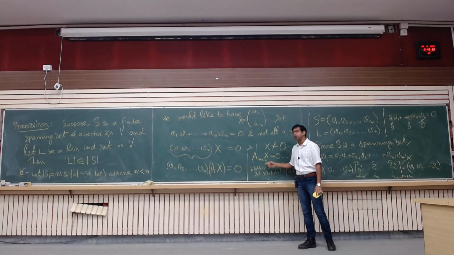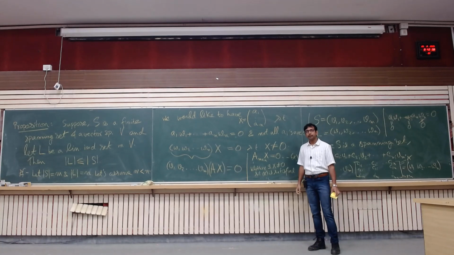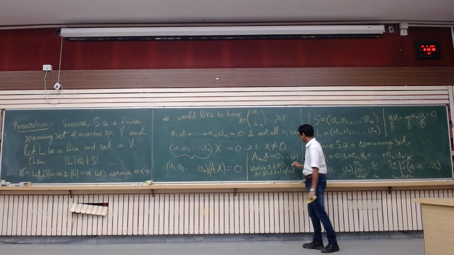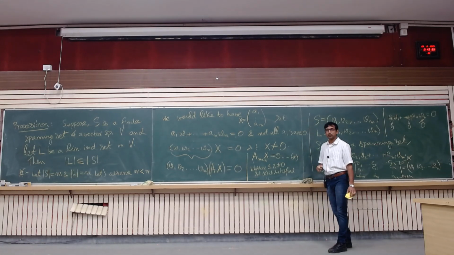A is a non-zero matrix, of course. So it has only a trivial solution at x equals 0, that's there. But is there any other solution? The question is whether there exists a non-trivial solution such that this one is satisfied.